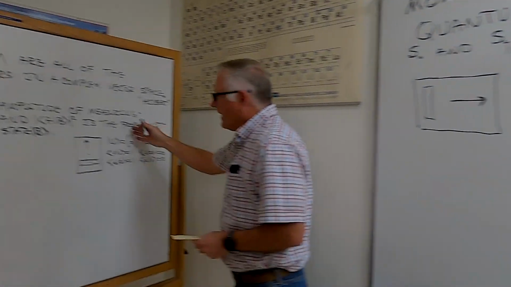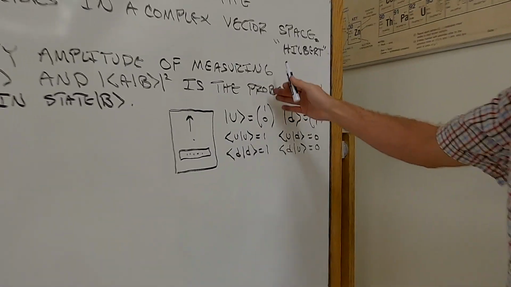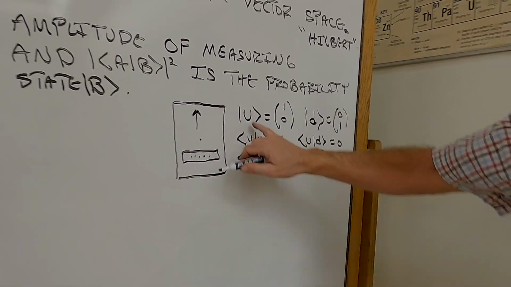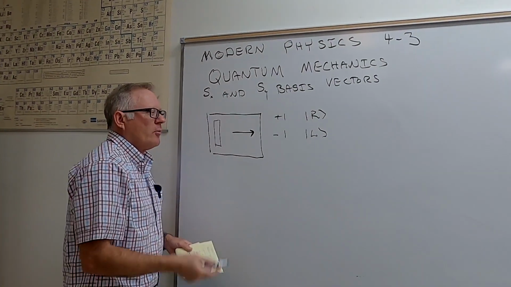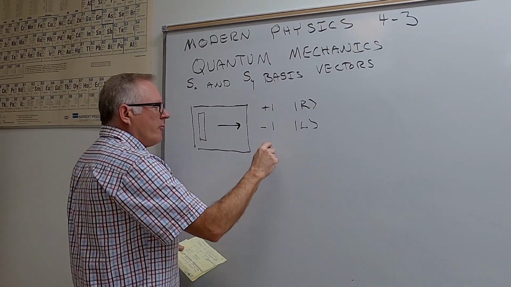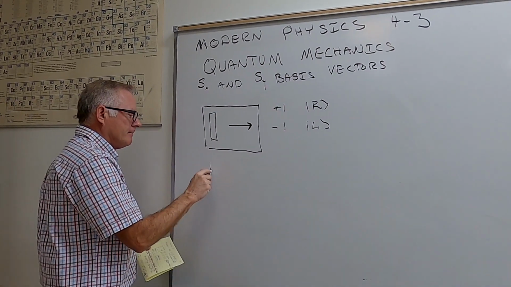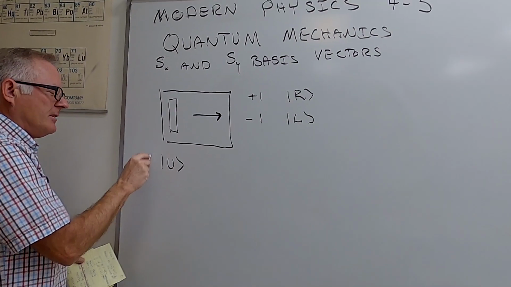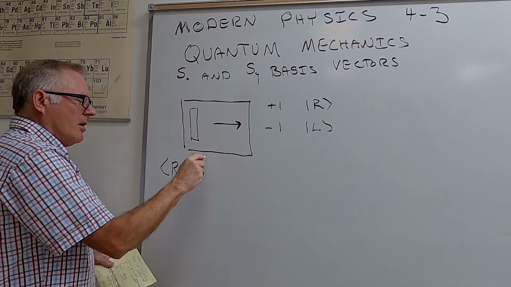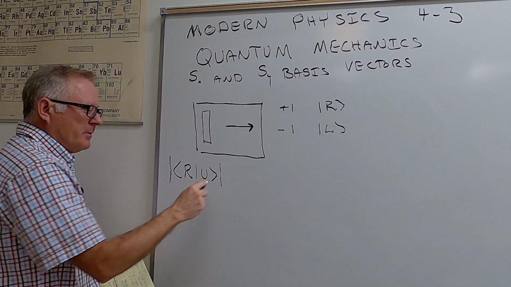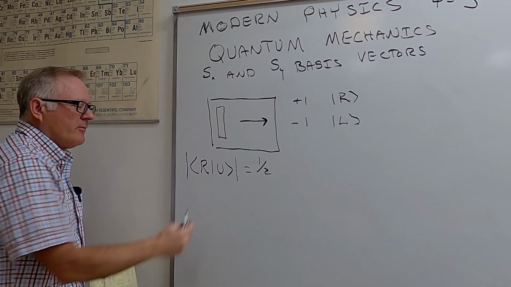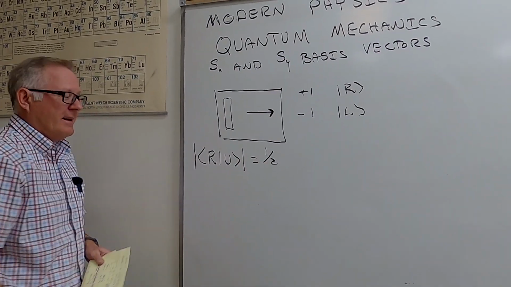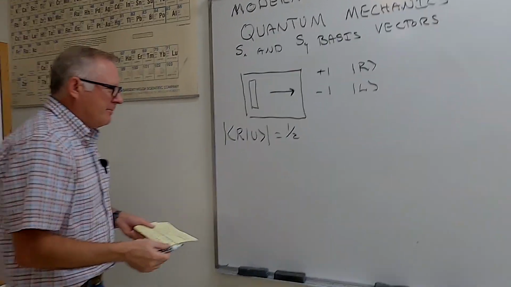They can't be the same as these, because remember what we said before: if we were in the up state and we measured right, that probability was 50% or 1/2. So if they were the same, you'd just get 1. So right and up cannot be the same.